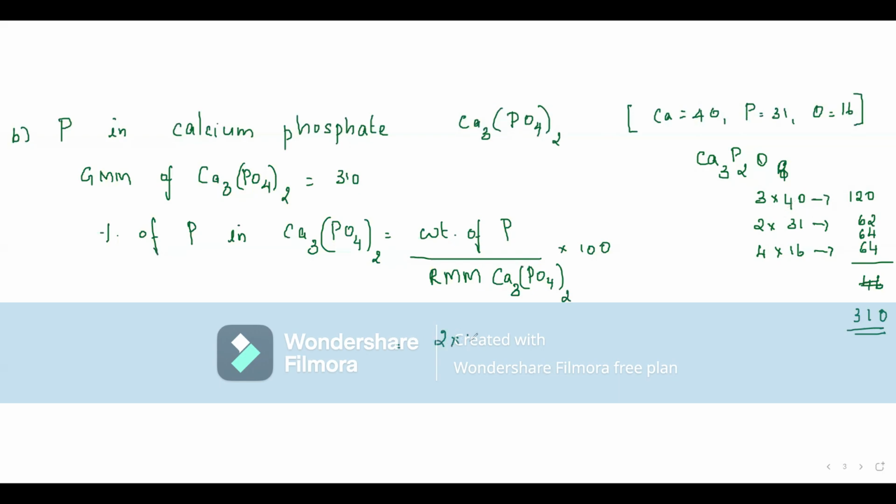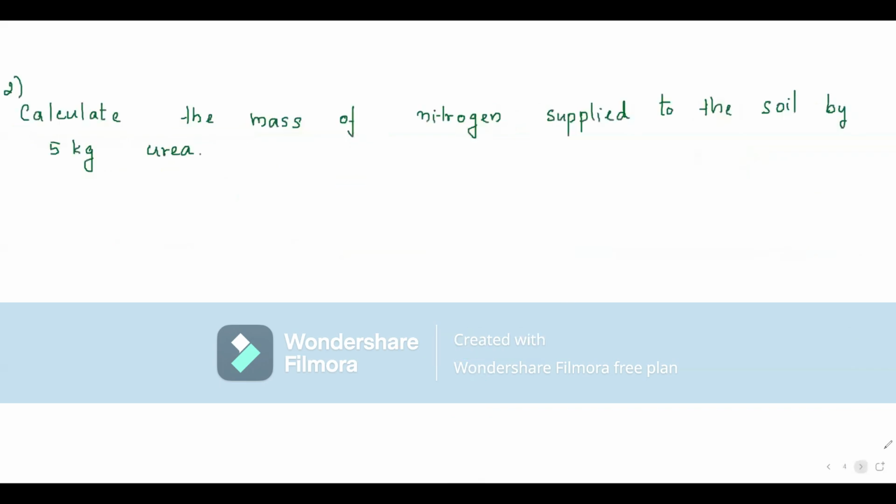So 2 into 31 into 100 by 310. Okay, so this calculation was easy. 31 and 31 is cancelled. So this gives you exactly 20% of phosphorus. Such simple questions, which are very easy to solve, can appear in MCQs.